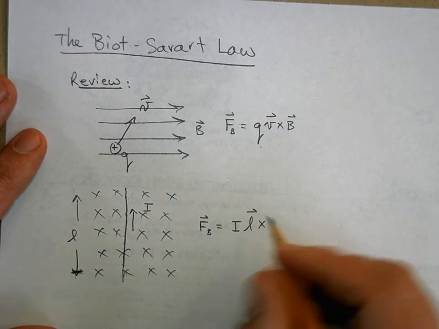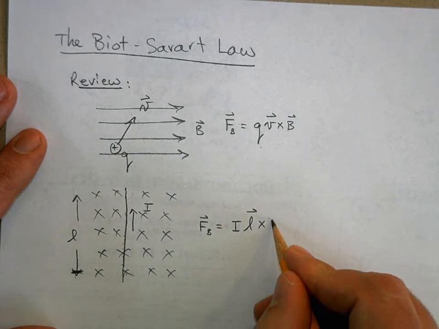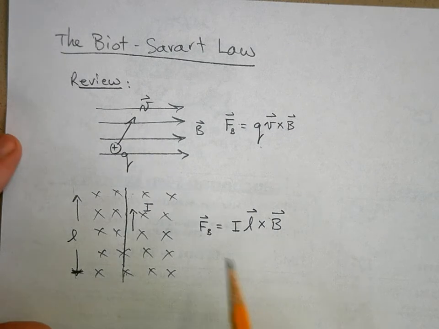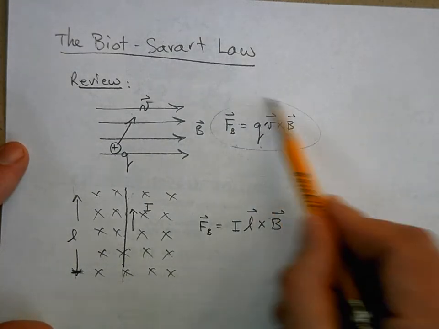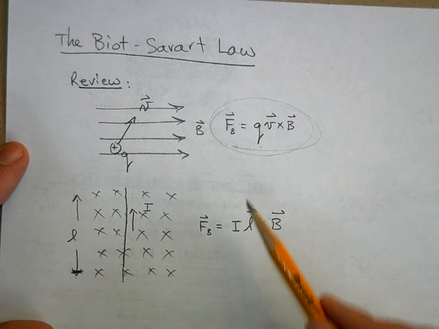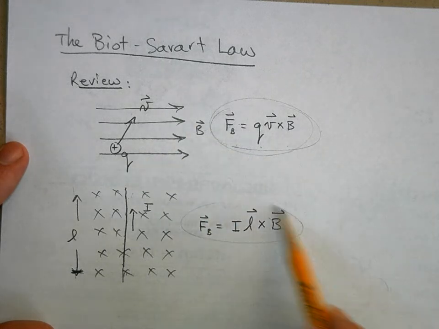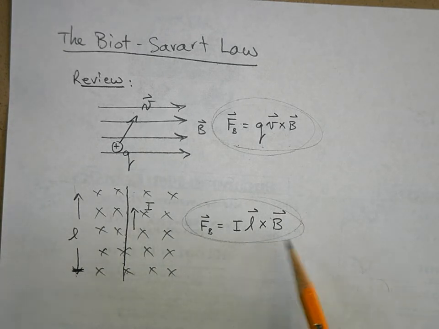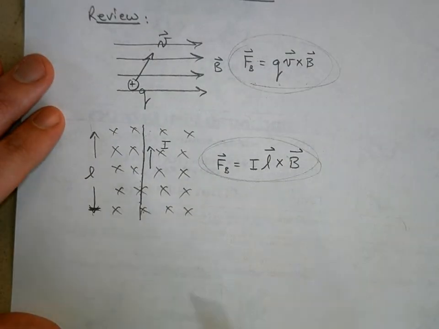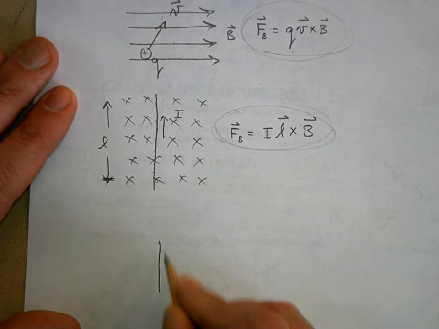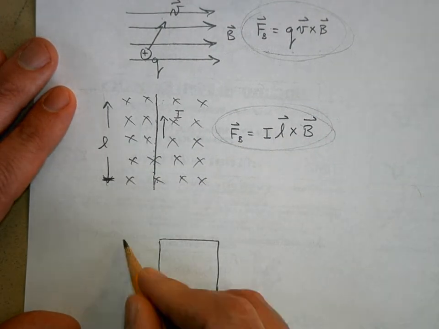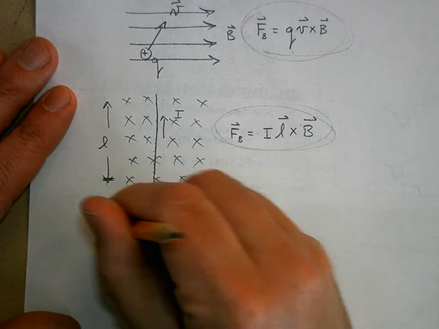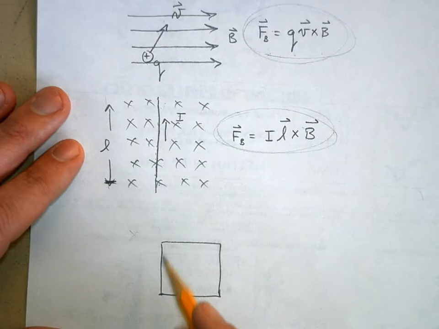And this is going to be crossed with B, the magnetic field. So this is the equation you use to figure out the force on a single moving charged particle, and this is the equation you use to figure out the force on a current in a wire that's in a magnetic field. And then, of course, we took this idea and we immersed a loop of current in a magnetic field. Let's actually make it sideways.